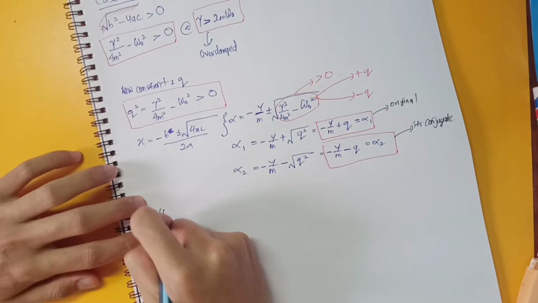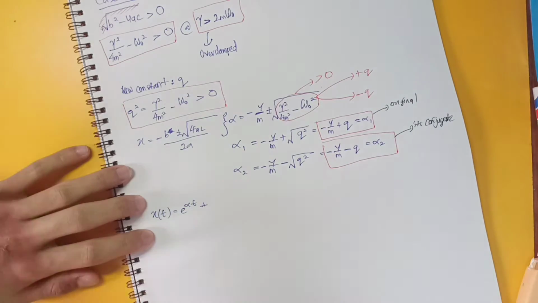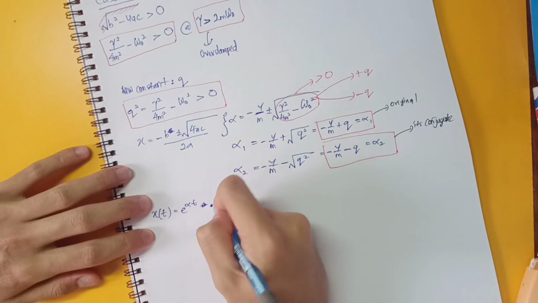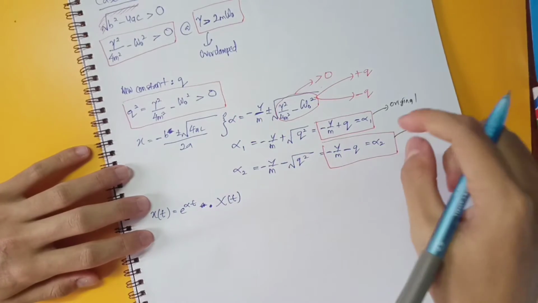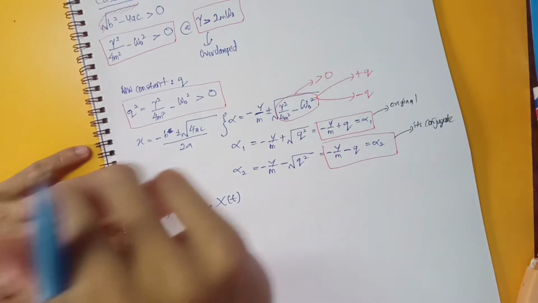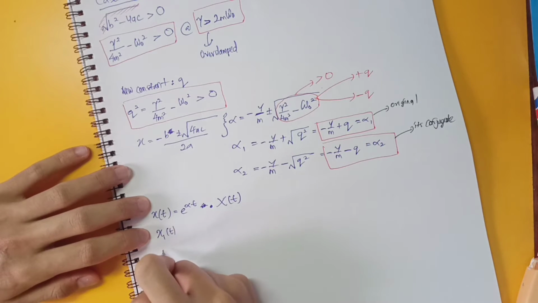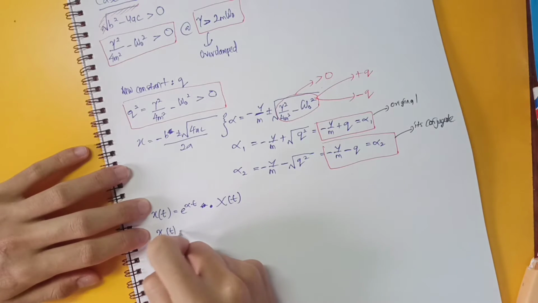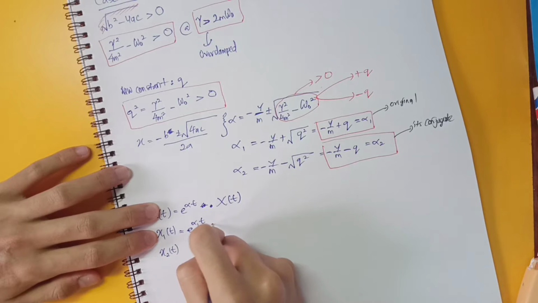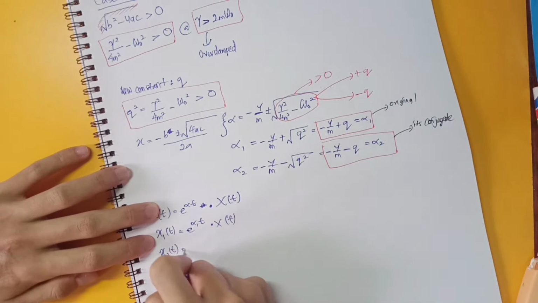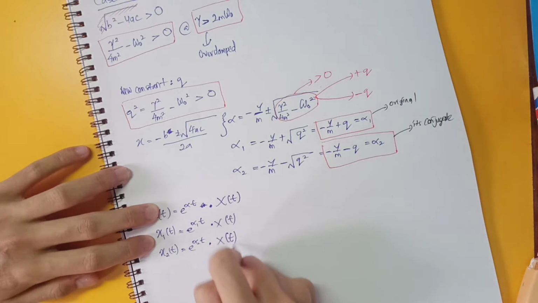So we have x(t), which is equal to exponential of alpha t multiplied with capital X. Since we have two alphas, we have to find x1 and x2, which is equal to exponential of alpha 1 t multiplied with capital X, and the exponential of alpha 2 t times capital X. Pretty simple.